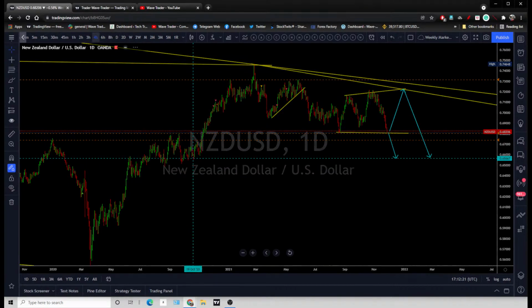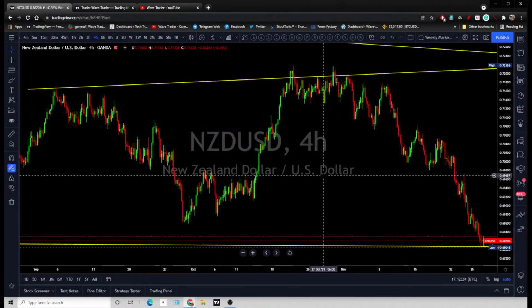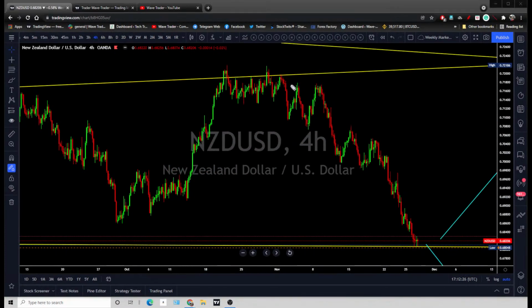So what you are looking at right now on the lower time frame, all these continuation trades we were expecting, we have just seen a nice move in these areas. So this wave is already completed.